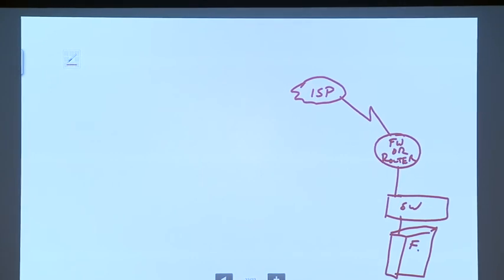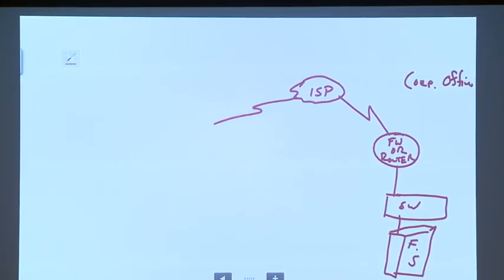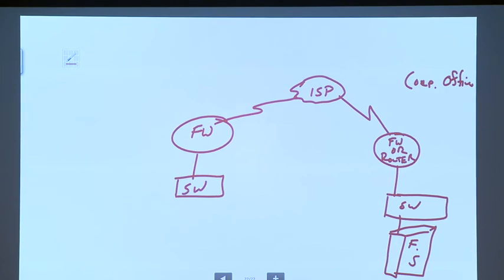This is my file server here at the office. So this is the corporate office. So this is going to be my branch office. I'm just going to make that a firewall. A switch with a whole bunch of people on this.